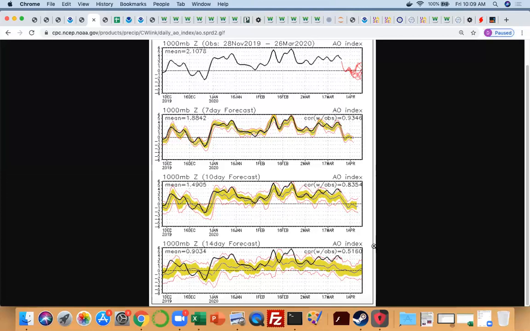And correct me if I'm wrong here, and I think this is the case, the AO doesn't really have as much significance as, say, if you had a strongly negative NAO forecast. Now, to maybe anticipate your next question, would I do the same thing with the NAO and the PNA, with their verifications being more positive and more negative, respectively?